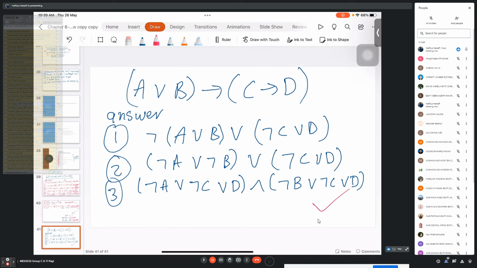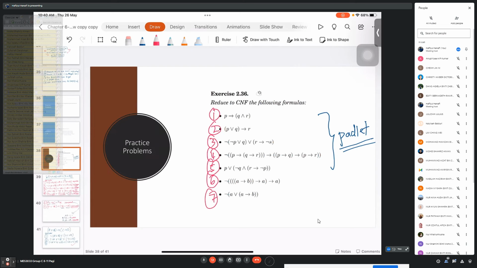Okay, and then ada ni kan? Ada apa-apa nak tanya? Ya. Oh, palette. Okay, screenshot lah. Nanti saya bagi slide ni dekat WhatsApp My Guru and Padlet.